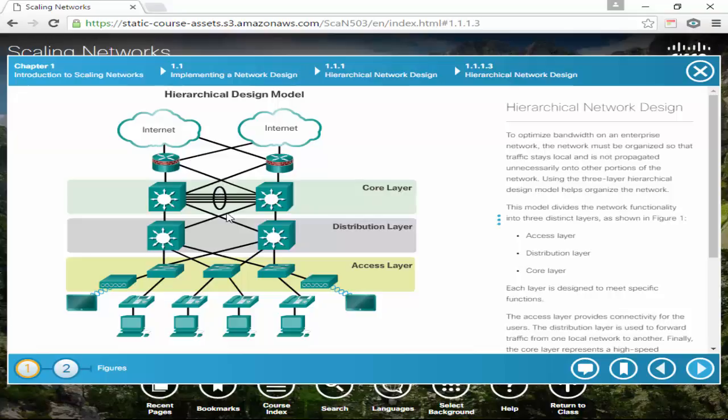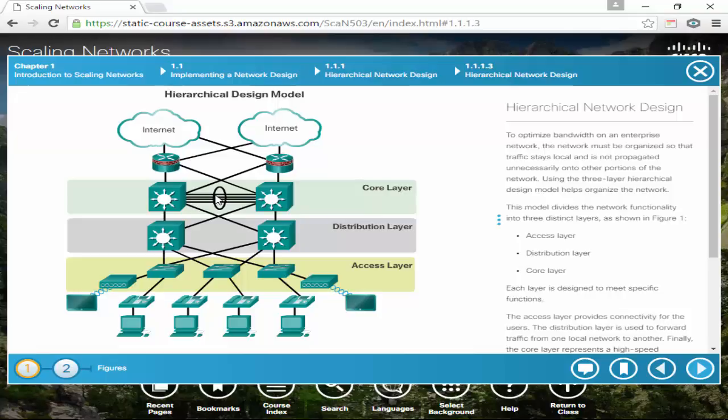Usually when we see this in the core, it's what we call a virtual switching system, VSS, where these two devices are virtually stacked in different locations and are completely redundant.